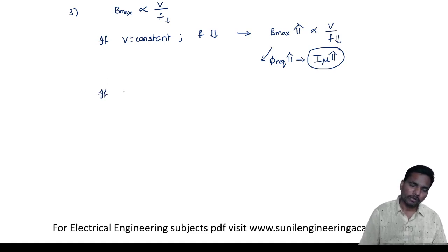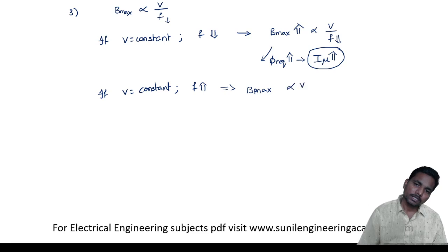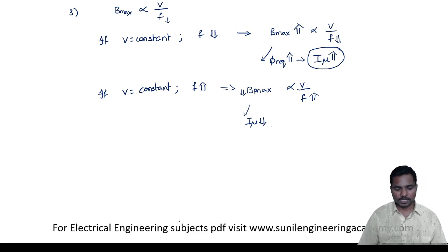If you keep your voltage constant and increase the frequency, then what is the consequence? Reverse. V by F, frequency increases, B max is less, flux requirement is less, so magnetizing current requirement is less. All of you clear?